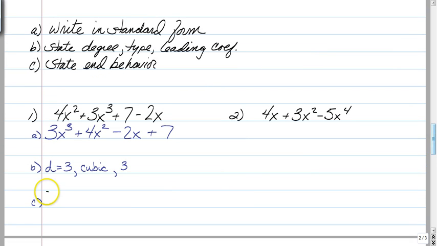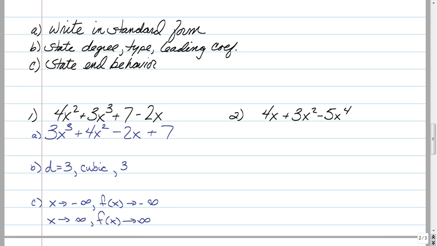So, for this example right here, we have a positive odd function. So we know as x goes to negative infinity, this is going to go down, starting low. And as x goes to positive infinity, the function is going to go to positive infinity because it is going to finish high.